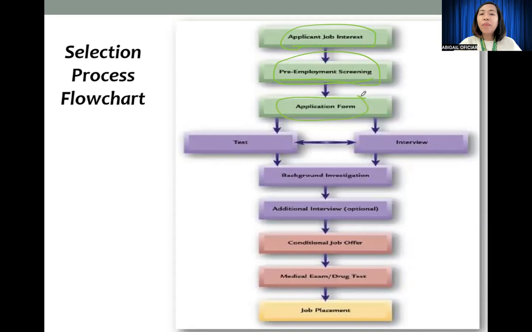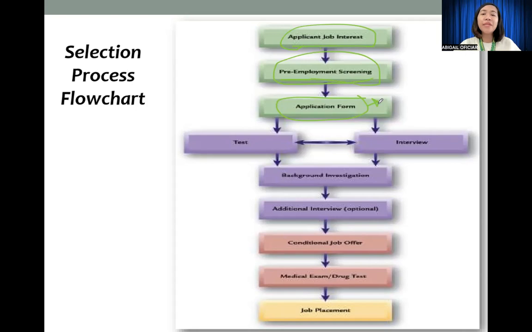So why do we need an application form? Of course, we give an application form for easier scoring. Because in the application form, each area already has a corresponding score, or what we call weights.